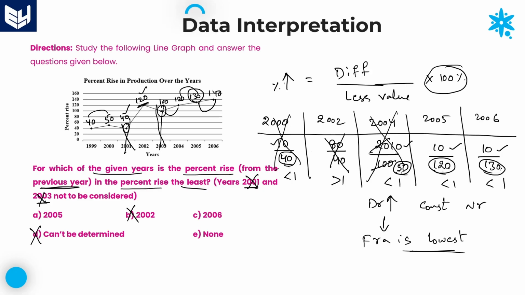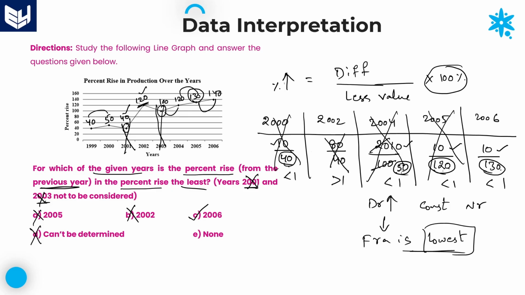Next 120 and 130: 130 is more, so you can eliminate 2005. If denominator value is highest, then that particular fraction becomes least. Therefore, among all the options, 2005 is also eliminated. Your answer is 2006. In 2006, the percentage rise is least.